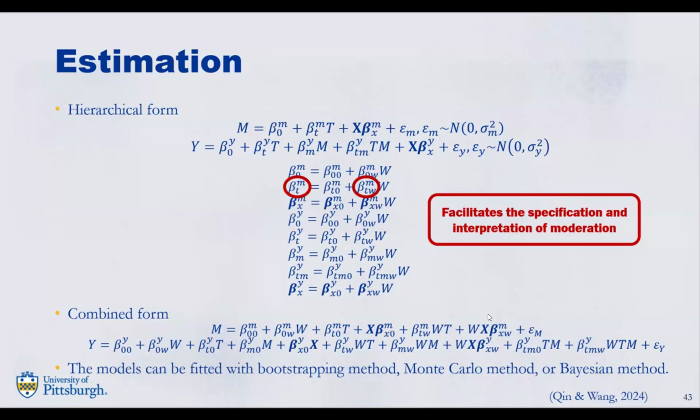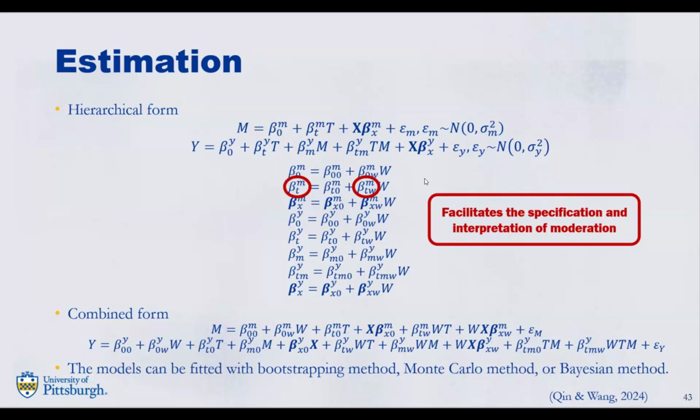So it's important to include the treatment by mediator interaction. But you may notice that after including it, it greatly complicates the definition of the indirect and direct effects, as we illustrated earlier. But I want to take this opportunity to draw your attention to the importance of including such an interaction between the treatment and the mediator in the outcome model. And also, it's very important to control for the confounders, the X, in the mediator and outcome models.